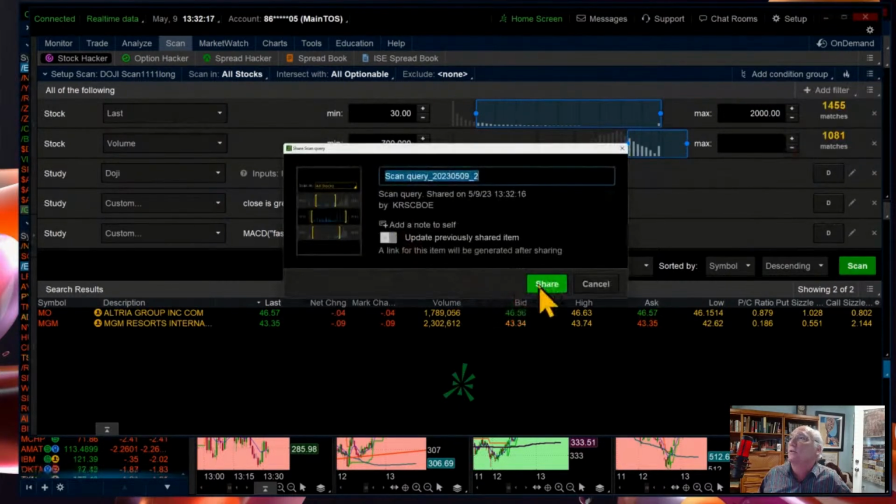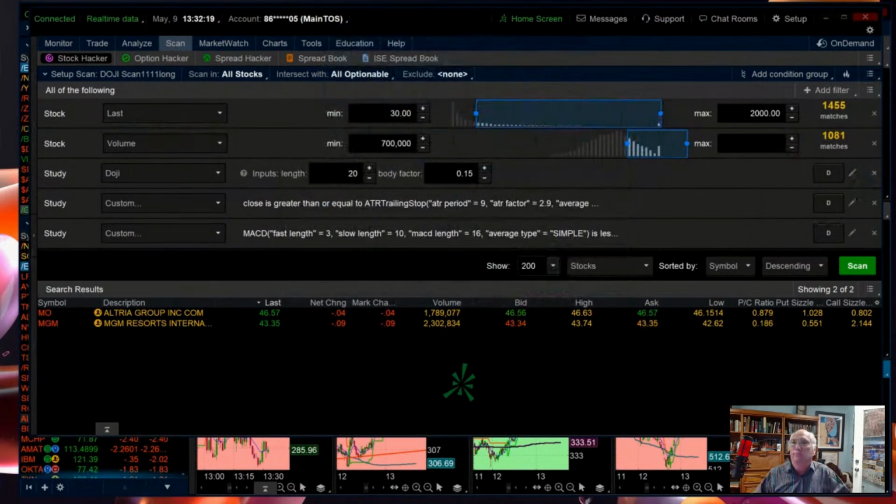So I'm going to share this. There. So there's Doji Bull Scan. Let me go put that on YouTube. I like doing this.